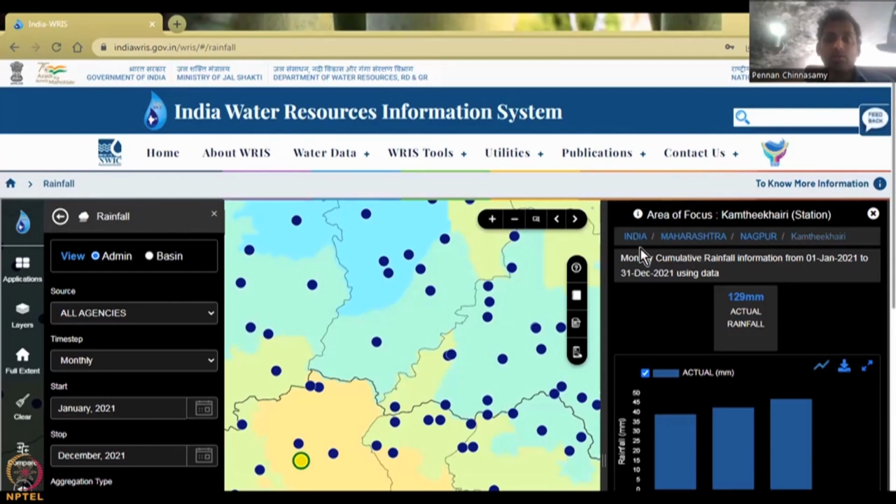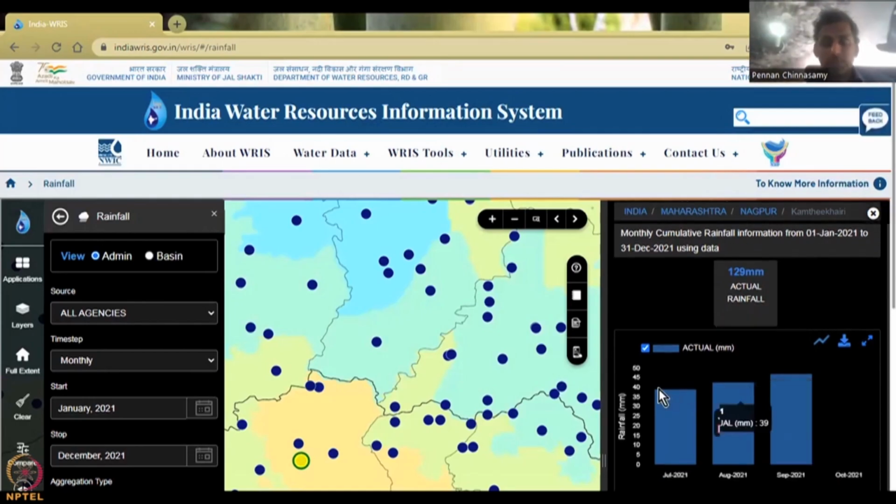We have come from India, Maharashtra, Nagpur to Kamti Kairi. Okay, so please understand this is the format in which this website houses the data: India, state, district, and then the station number. You could download this and keep it for your analysis.